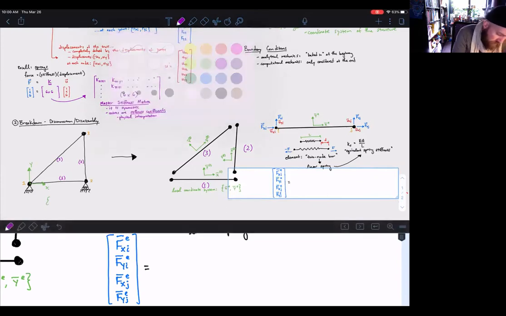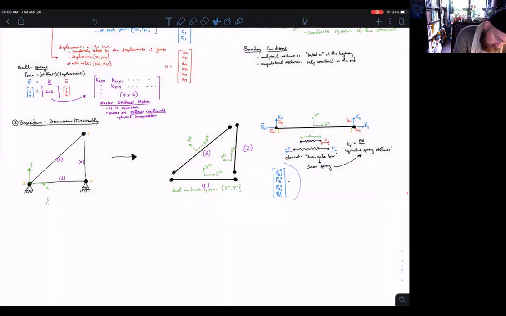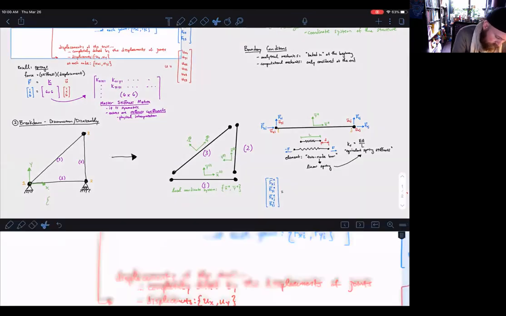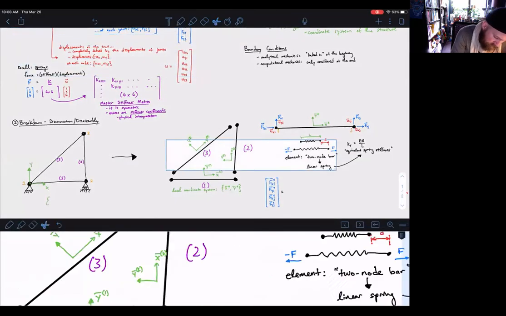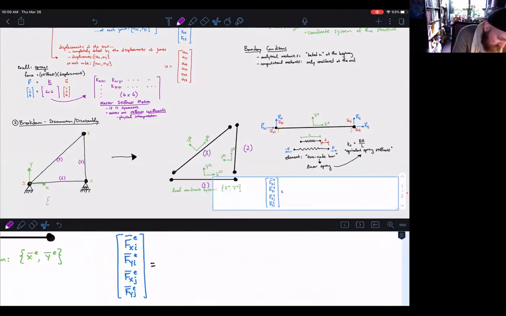That'll be equal to the member stiffness matrix. I'm going to write this one out, just so that you can see it. This one's kind of important, which will be K in the local coordinate system for each element.